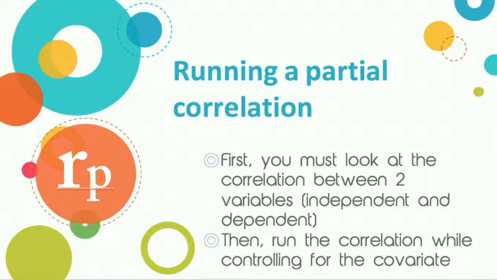And you need to look at that correlation and what relationship exists between those variables. Then you have to rerun the correlation while you're actually controlling for a covariate. And that way you can really see what influence that covariate has on those variables and the relationship between those variables.